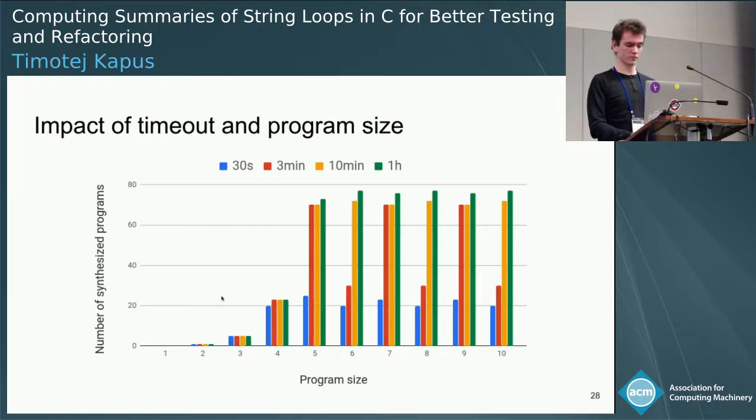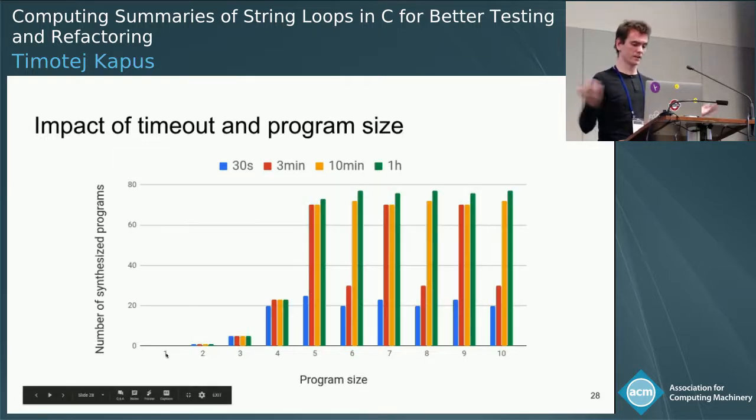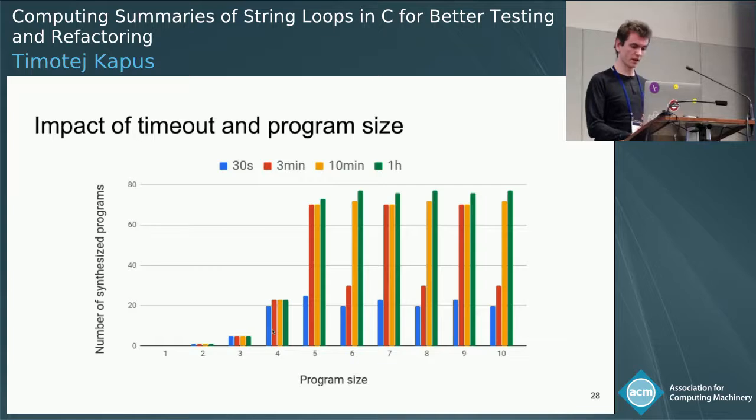You can see that for a program size of 1, we can't do anything because that's not enough to express any programs. But with program size 4, we can already do about 20 of them. And you will notice that all timeouts are kind of similar, which means that those loops are so simple that you don't need much time to synthesize.